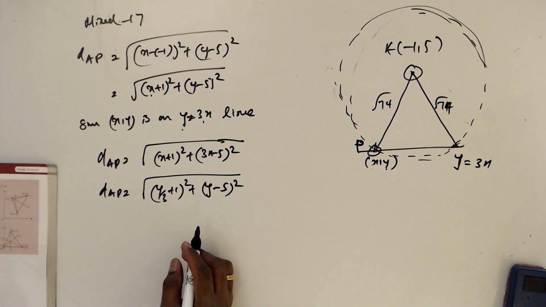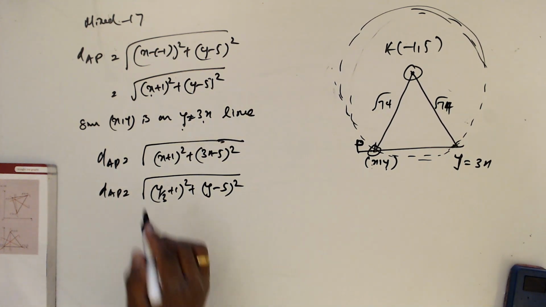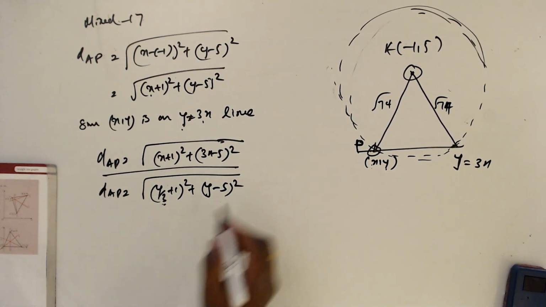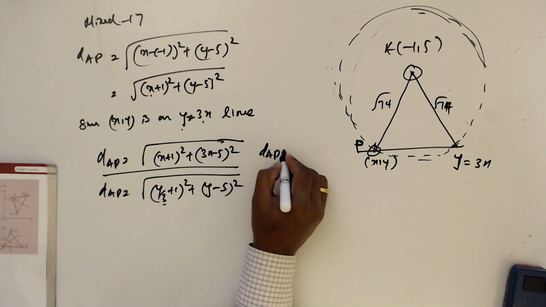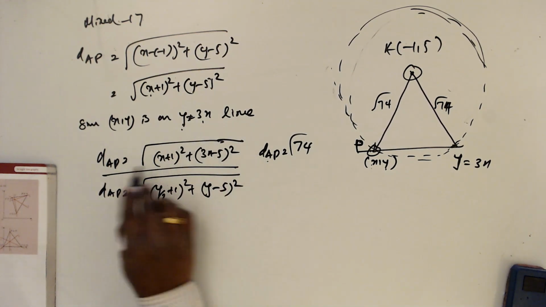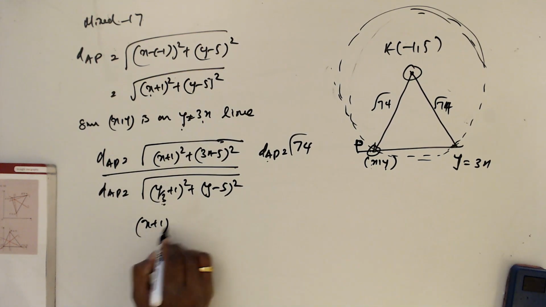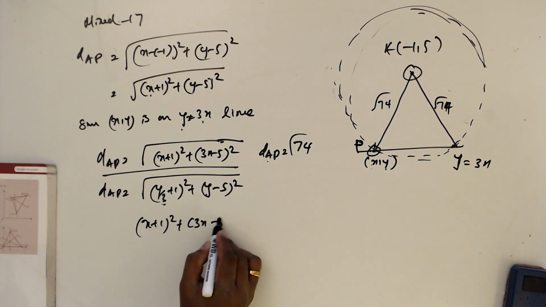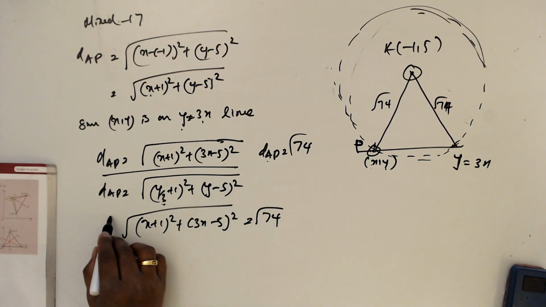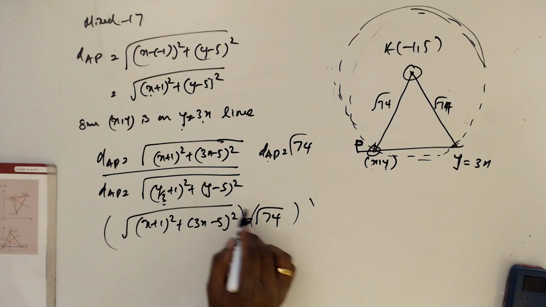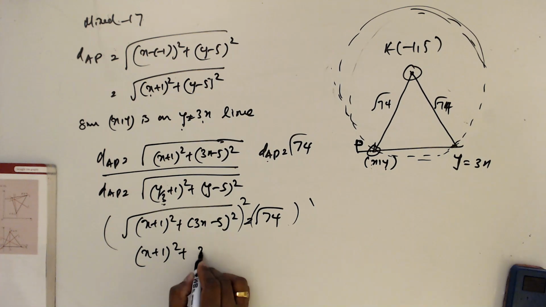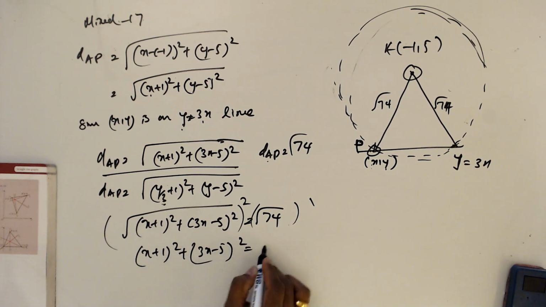Now I'll take this equation since this one has no fraction. DAP is also equal to square root 74. Now I will make those two equal: the square root of x plus 1 squared plus 3x minus 5 squared equals square root 74. Now I will square both sides to get rid of the square root. Then x plus 1 squared plus 3x minus 5 squared equals 74.